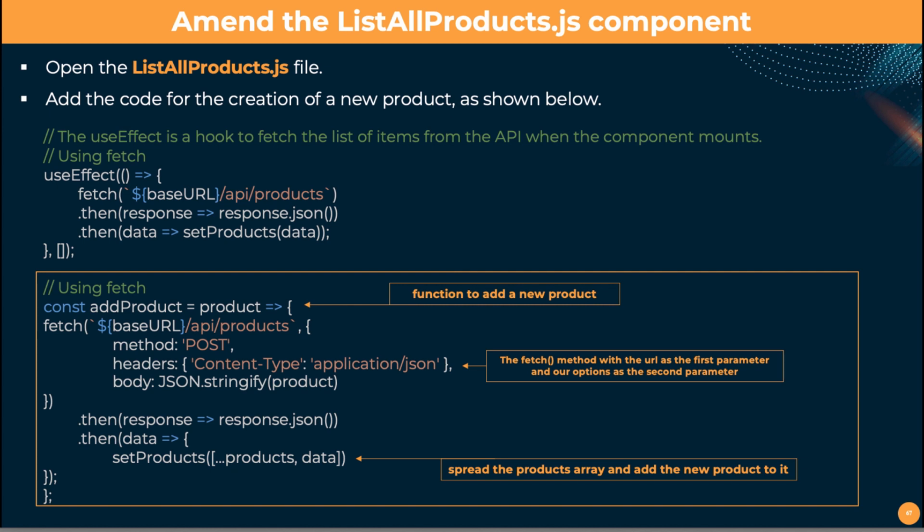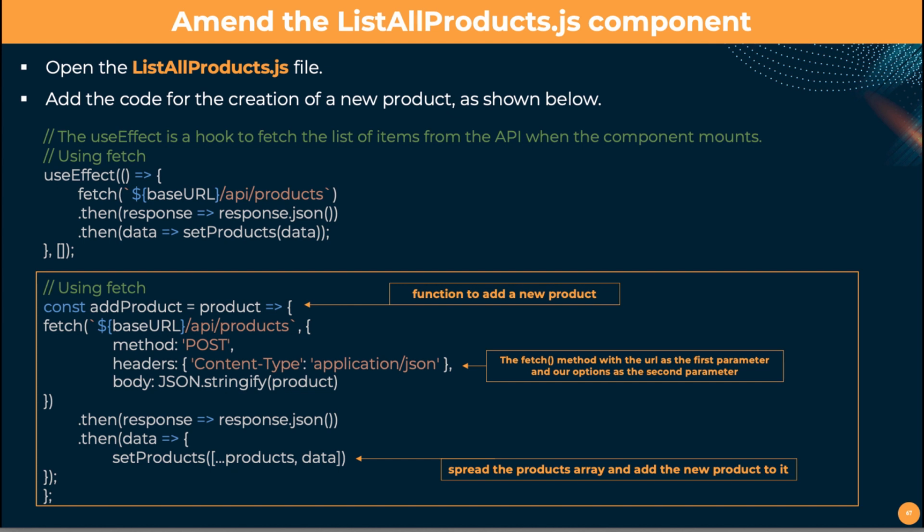That's a product. So it's going to take in the whole product, and it's going to look for the /API/products mapping in the back end where there is a method of post. And it's going to take your JSON data and stringify it. So it's going to post it into the back end, into the database.